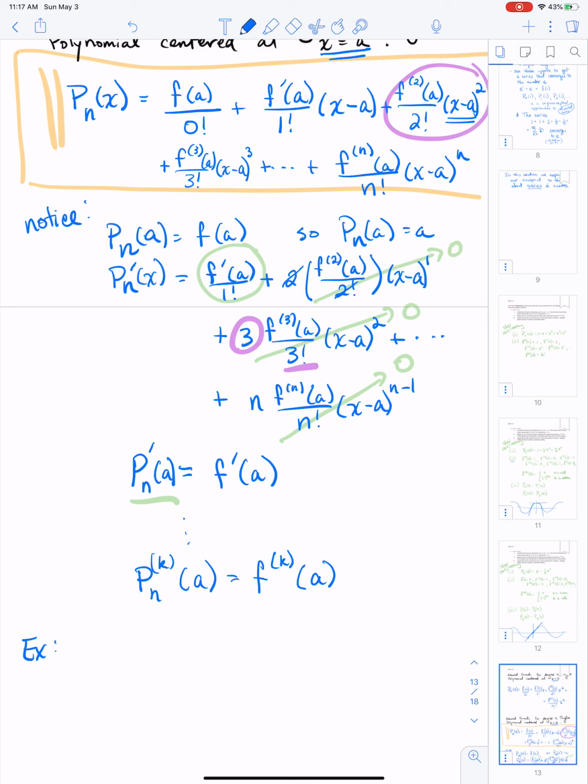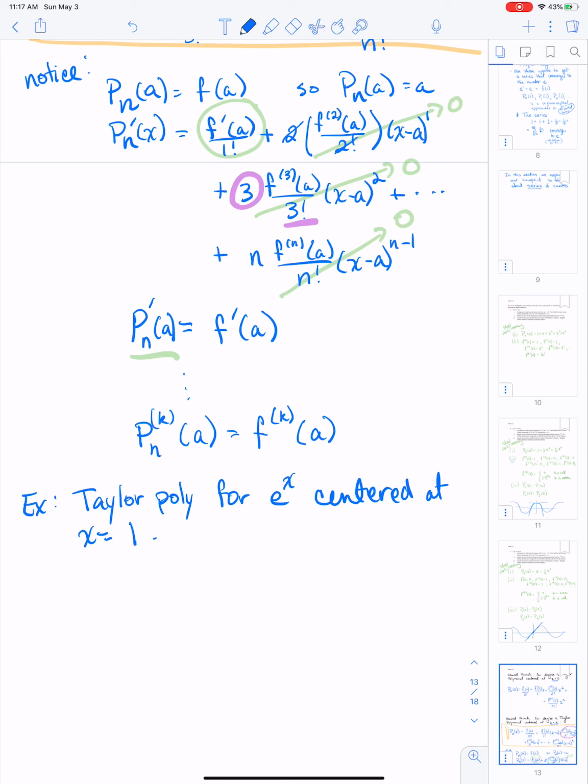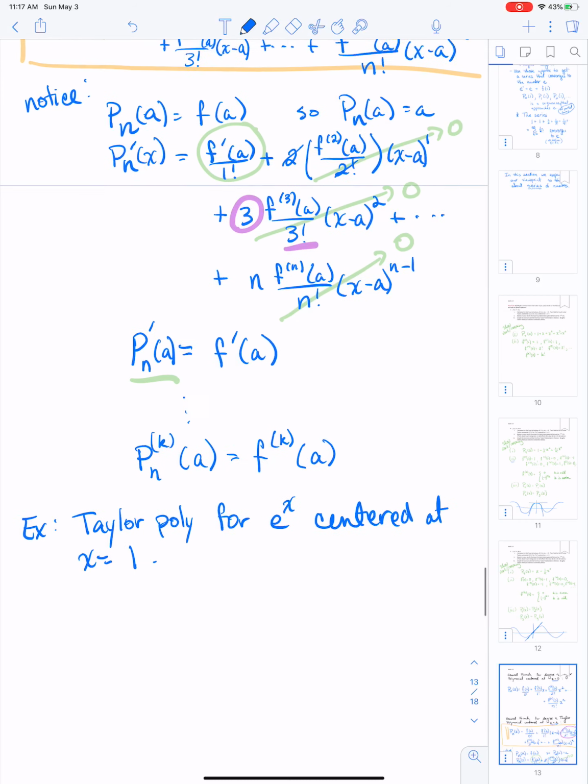Example: let's compute the Taylor polynomial for e to the x centered at x equals 1. Again, we can just use this formula.